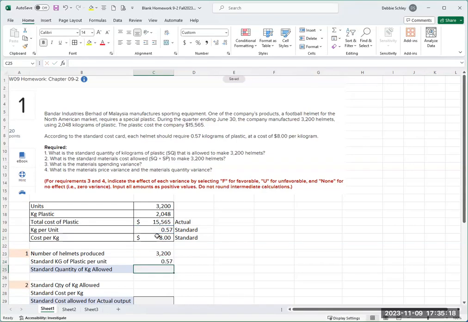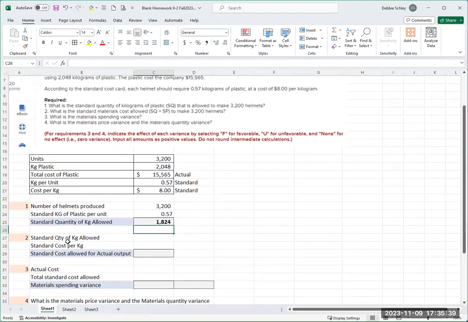To find the standard quantity of kilograms allowed for this many helmets, we will multiply the number of helmets times the amount of plastic per helmet. So that is the answer to required 1. That is SQ, or standard quantity.